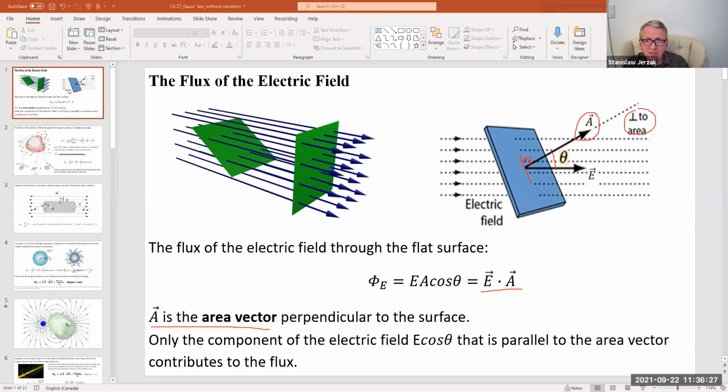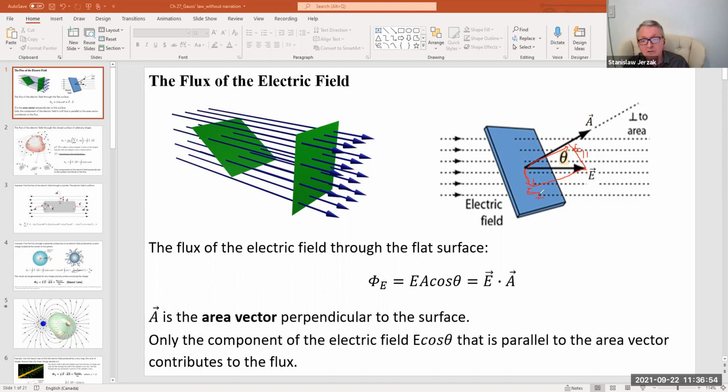And you should also see that we can decompose that electric field into a component which is parallel to the area vector, E parallel, and a component of the electric field which is perpendicular to the area vector, which means the component which is in that plane. This is that component E perpendicular.